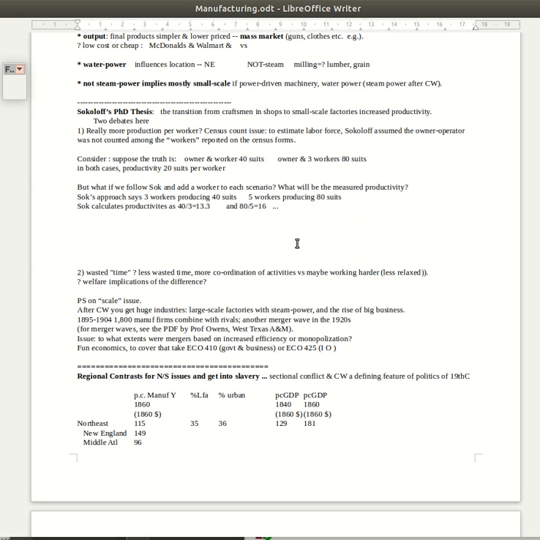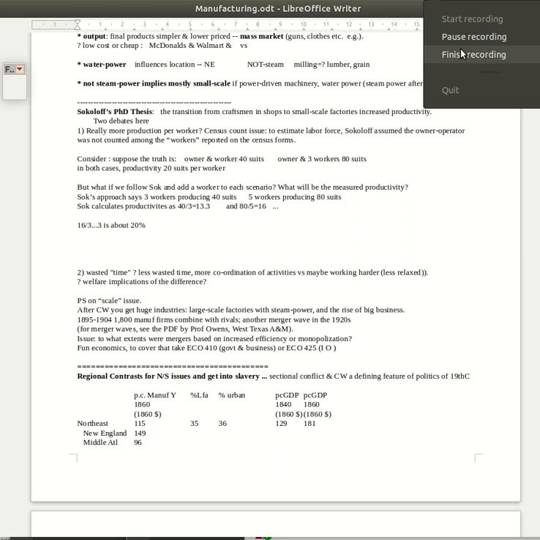That's going to give him 16 suits per worker. Notice that 16 over 13.333 is about 20%. So Sokoloff is finding that there is a 20% greater productivity in the larger than in the smaller establishment.